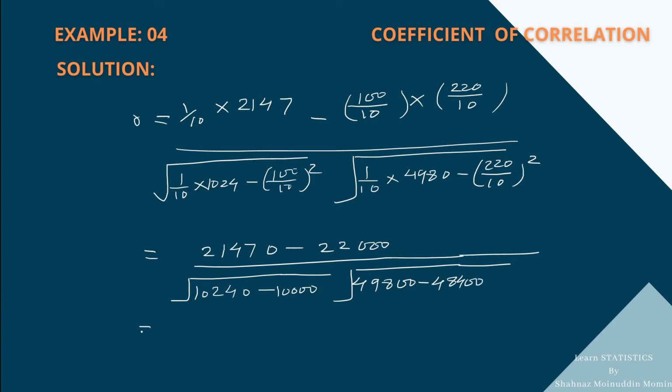By simplifying we will obtain minus 530 divided by 579.655, which is equal to minus 0.914.